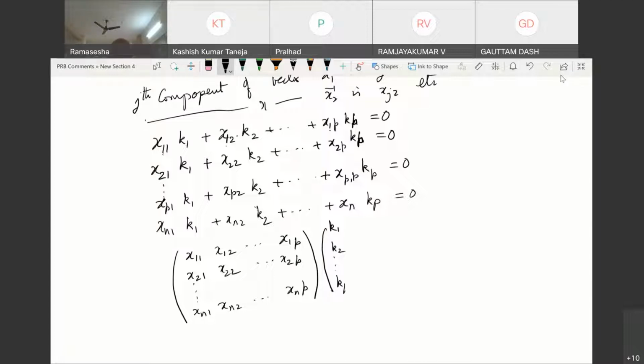That's equal to 0. Right? So what I have is a case where n is greater than or equal to p, because the number of components has to be greater than the number of vectors in this case I've taken.